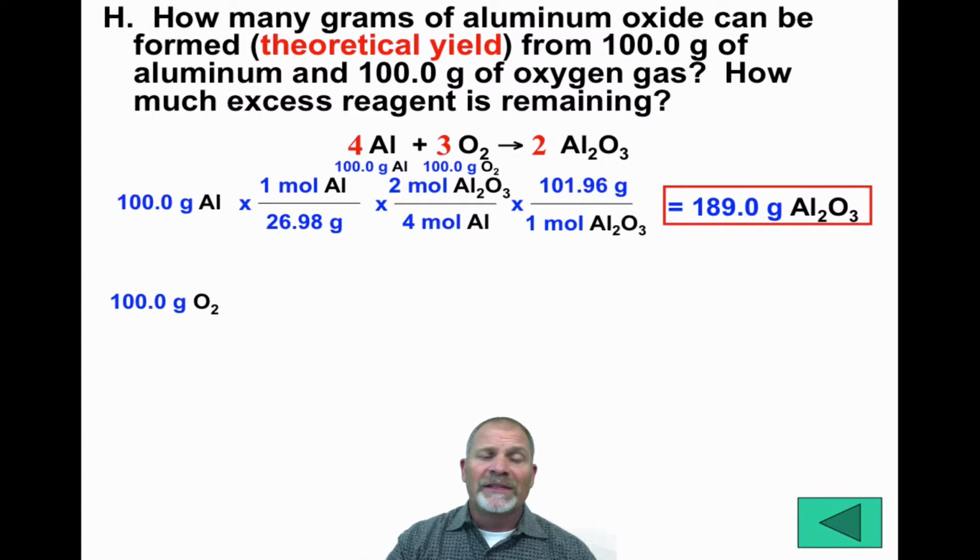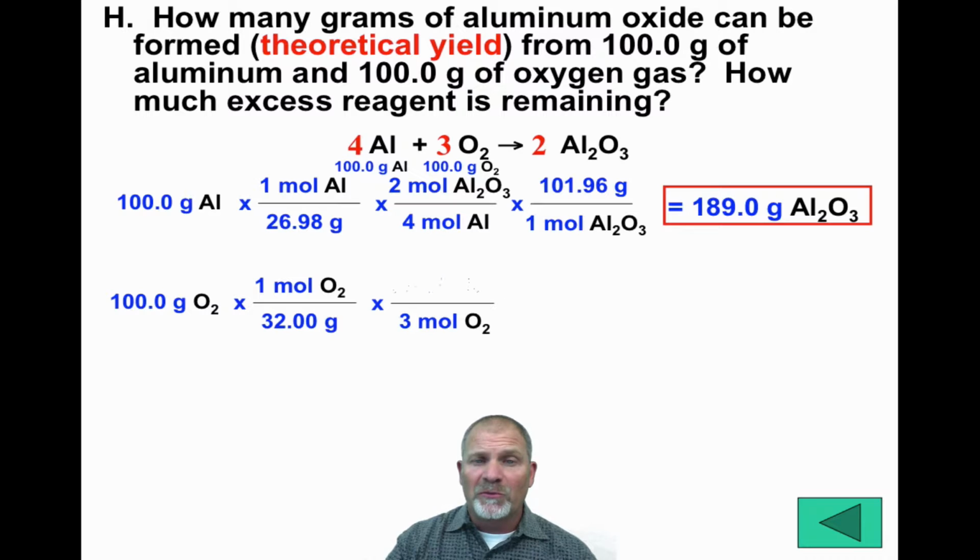So I'm going to now do this exact same roadmap, but now with my oxygen. So I start out now with 100 grams of oxygen, which I got from my problem. That's my other reactant. I'm going to now use the molar mass of oxygen because I have to get the grams of oxygen down to moles of oxygen. Now I'm going to have a different ratio because I start out with 3 moles of oxygen and I'm going to 2 moles of aluminum oxide. But since my final destination is the same, I can copy paste the molar mass of aluminum oxide.